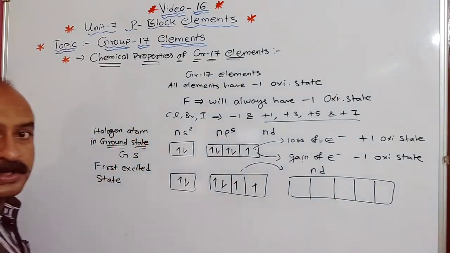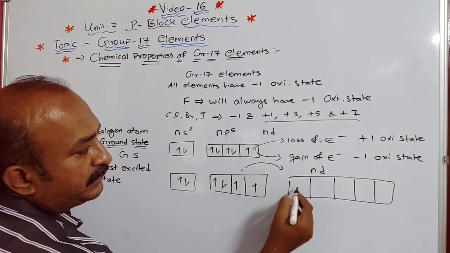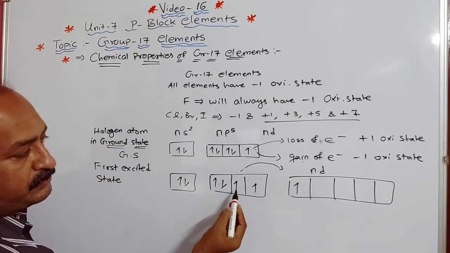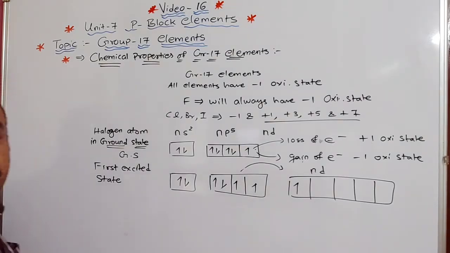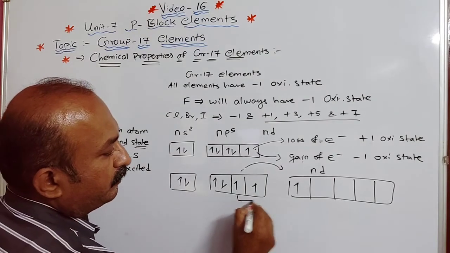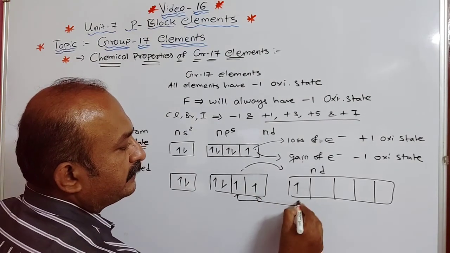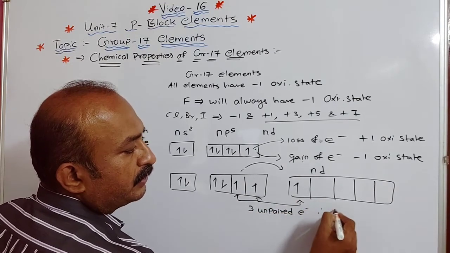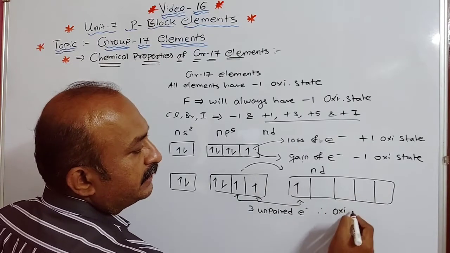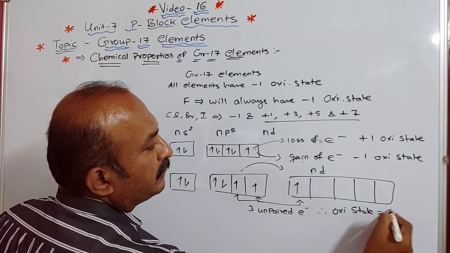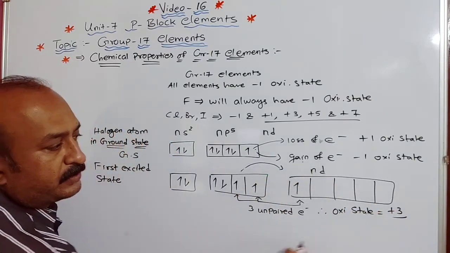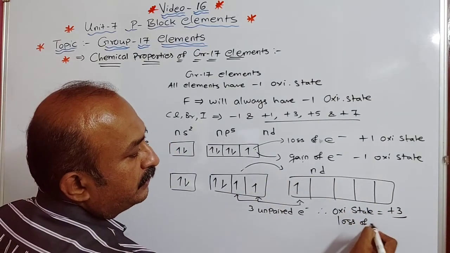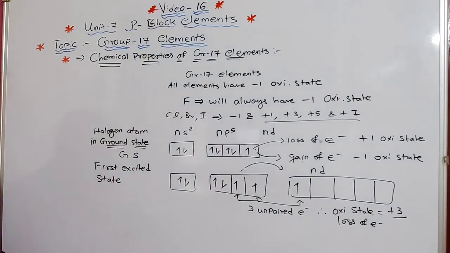So one electron will shift here. In this case, if you see, there are 3 unpaired electrons: 1, 2 and 3. Therefore, by losing these 3 electrons, the oxidation state will be +3.